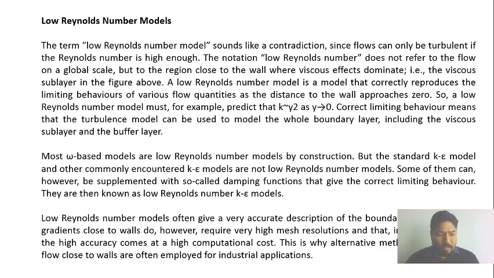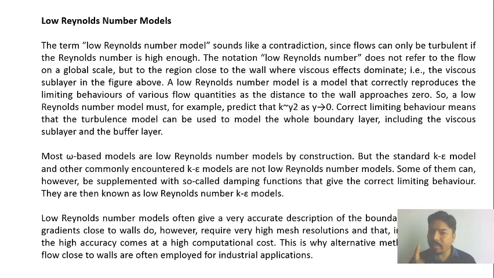Okay. My dear students, low Reynolds number models often give a very accurate description of the boundary layer. The sharp gradients close to walls do, however, require very high mesh resolutions, and that in turn means that the high accuracy comes at a high computational cost.